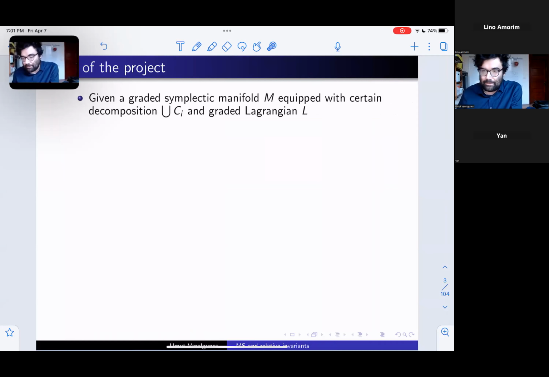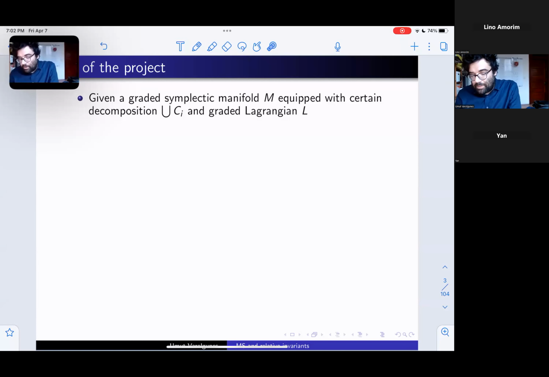My goal is to understand symplectic manifolds. So I'm going to start with a symplectic manifold N, and this is going to be graded. So graded means its first Chern class is 0. But moreover, I also choose some trivialization of the top exterior power of the cotangent bundle or tangent bundle up to homotopy. Okay, so that's a grading of my symplectic manifold.